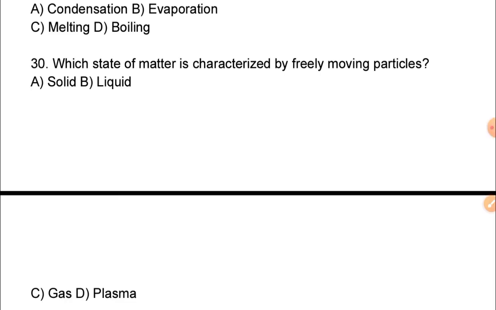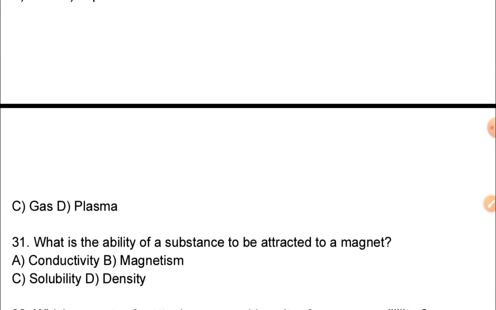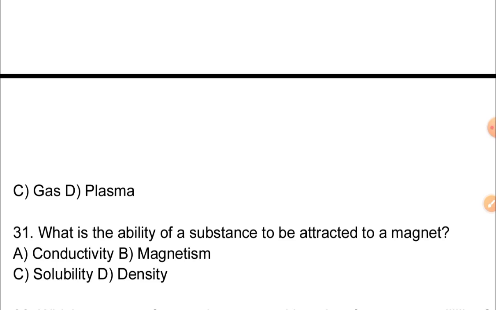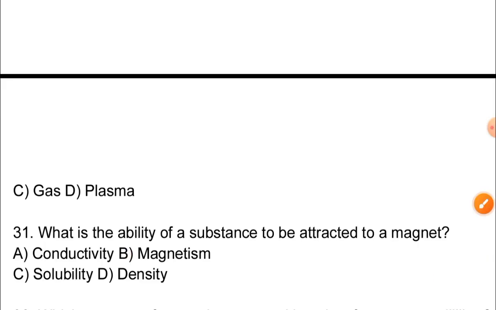Which state of matter is characterized by free moving particles? Question 30, our answer is C, gas. Question 31. What is the ability of a substance to be attracted to a magnet? The ability of a substance to be attracted to a magnet is magnetism, B. 32.